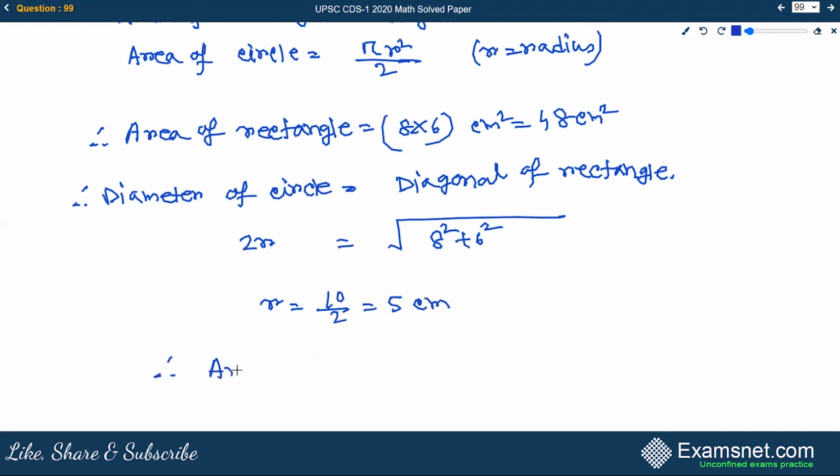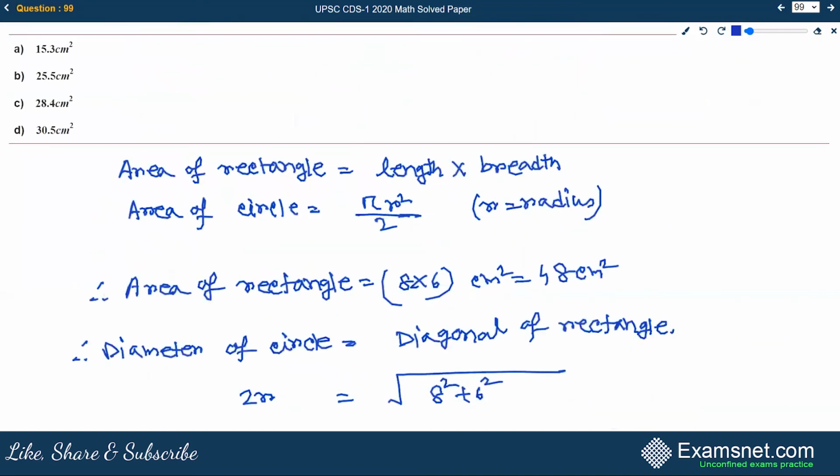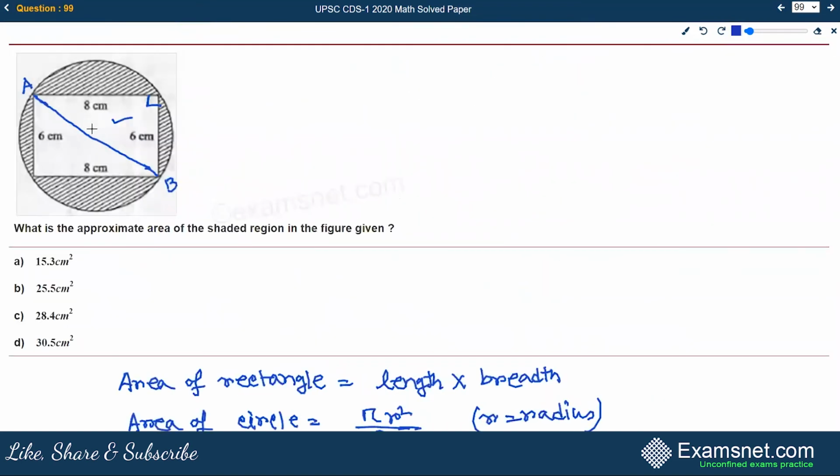Now therefore, the area of the circle is pi r square. For the value of pi, we can write 3.14, here times 25, which results in 78.5 centimeter square. Now, if we remove the rectangle, we will be left with only the shaded region, correct?